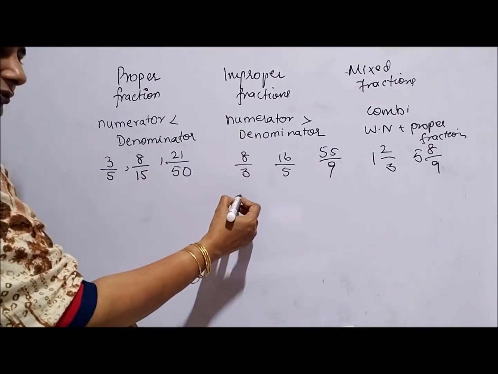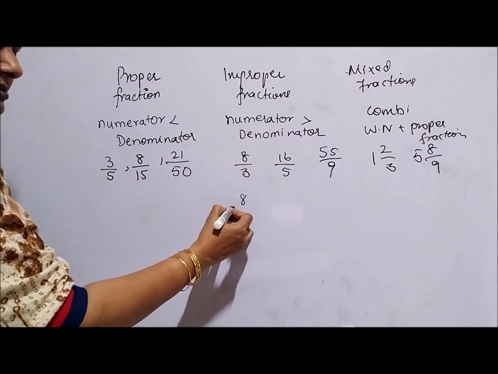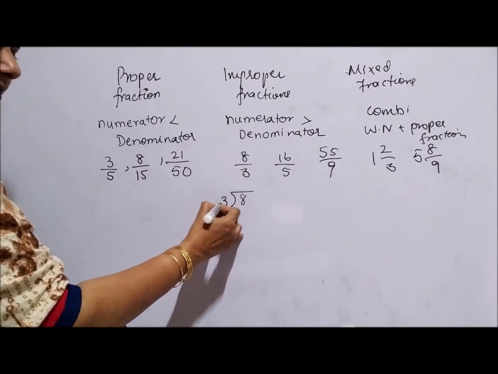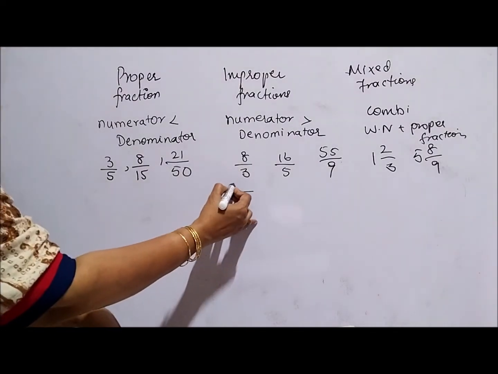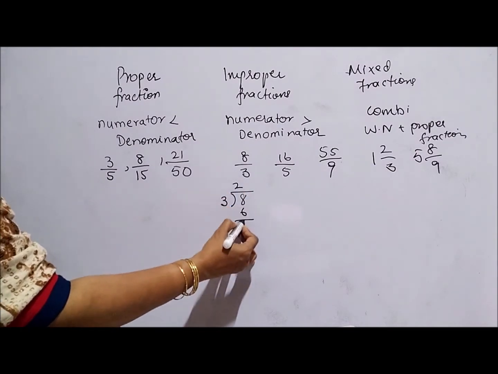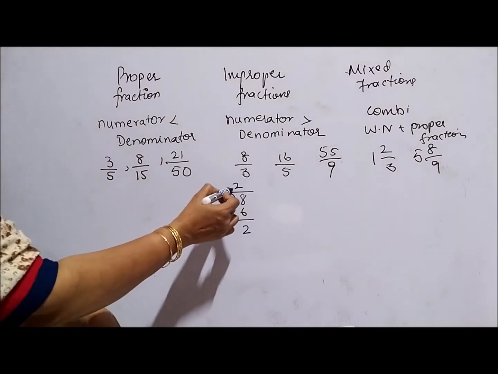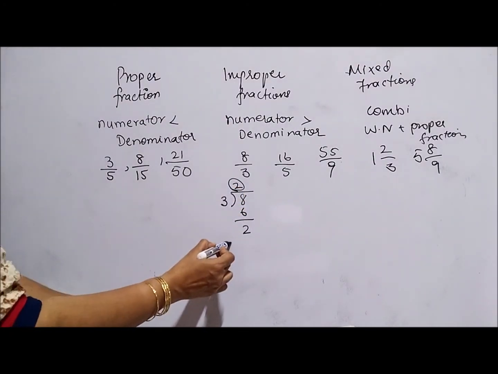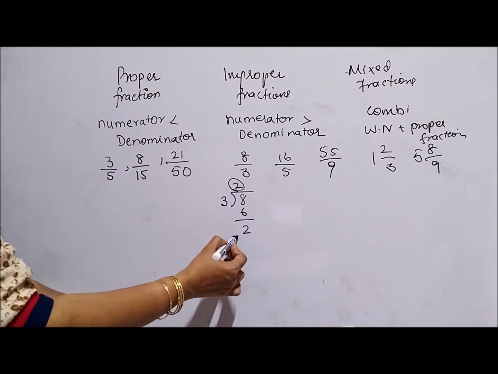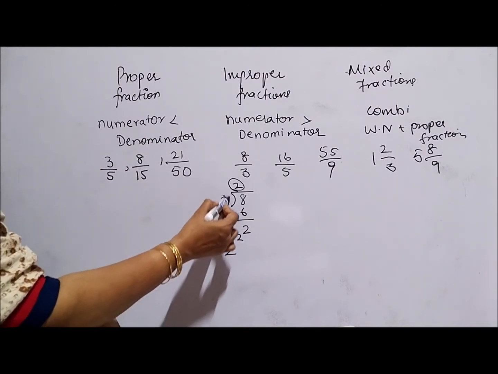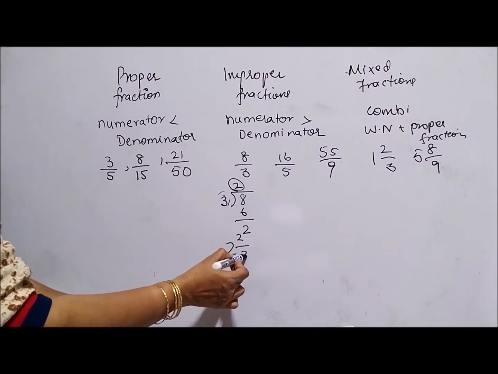Let's see how to do this. 8 by 3. 8 is the numerator. It's divided by 3. 3 2s are 6. Balance 2. Now I should take, this is my whole number part. The remainder is this. And this is the denominator.